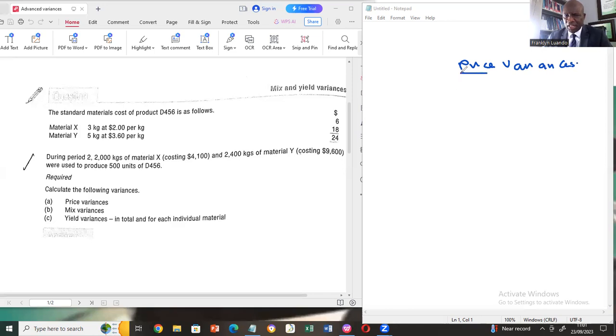We have two types of materials, material X and material Y. Now, if we had followed the plan, what should the cost have been? The plan was $2 multiplied by the quantity, which is 2,000 kilos.